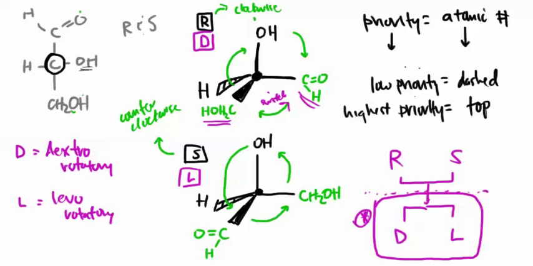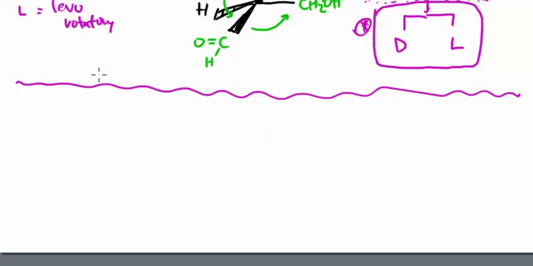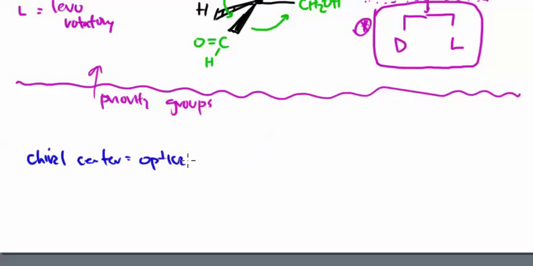Now, there's something else with stereochemistry that you need to keep in mind. All of this up here at the top focuses on priority of groups. That's all that we're doing. How do the groups rotate around the carbon? Now, that was different, because what we saw is that if a molecule had a chiral center, then we also said that this thing was optically active.